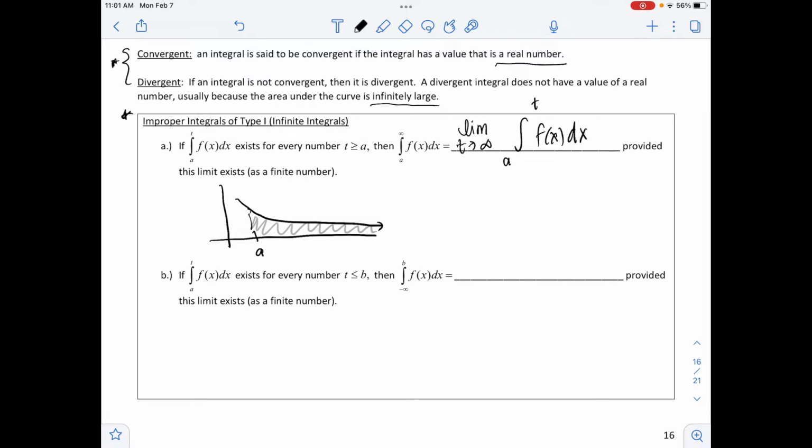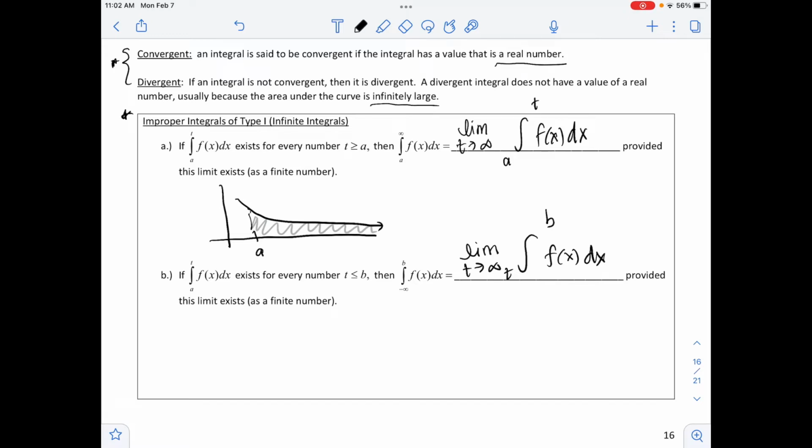Likewise, case B says if the integral from t to b of f of x dx exists for every number t less than or equal to b, then the integral from negative infinity to b of f of x dx is going to equal the limit as t approaches negative infinity of the integral from t to b of f of x dx, provided this limit exists as a finite number.